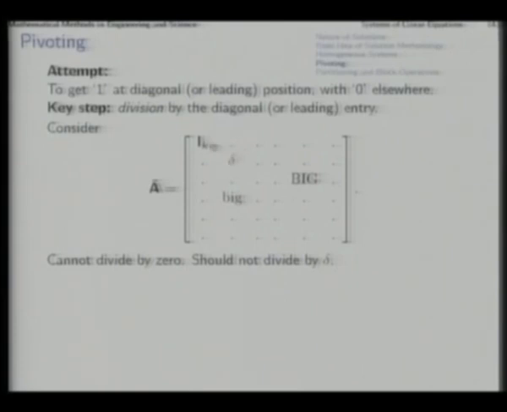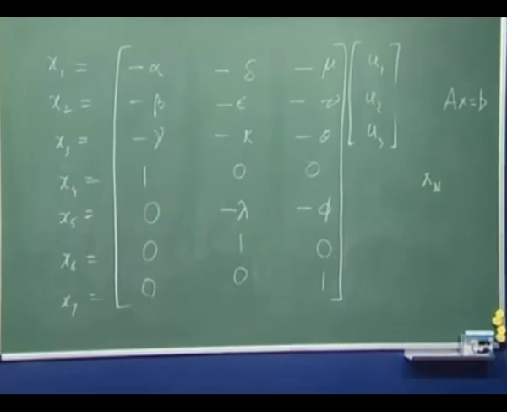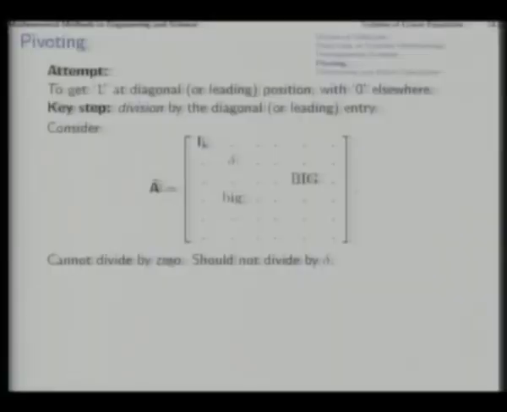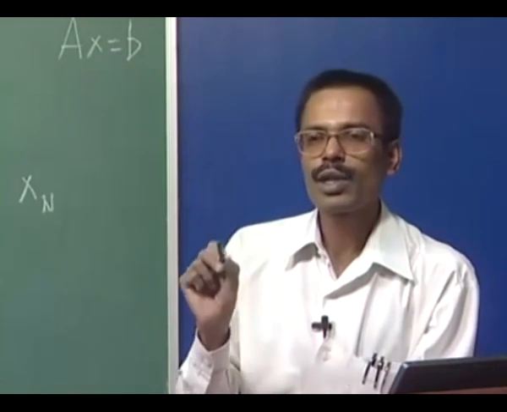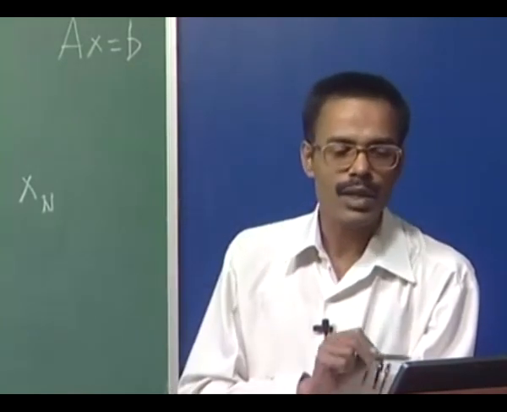Now, if that delta is 0, then we cannot divide by it. In that case, I have already discussed that we can exchange rows in order to get a non-zero number sitting here. So, we cannot divide by 0, but even if it is not 0, but if it is a number with very small magnitude, say 0.000003 or minus 0.00005, something of that sort.